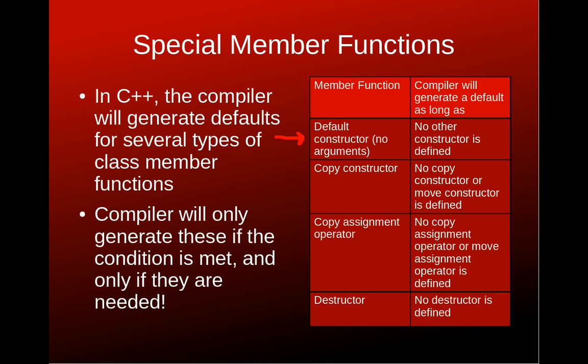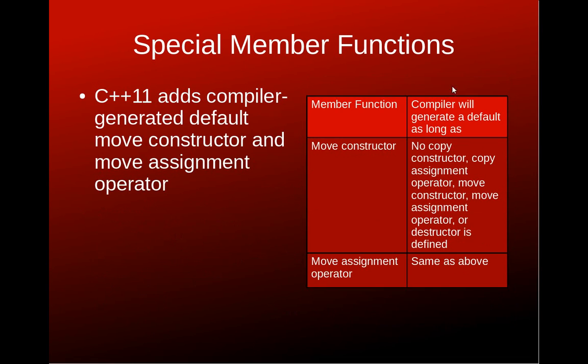In that same vein, we have some conditions for the copy constructor. The copy constructor will only be generated by the compiler if no copy constructor or move constructor is defined. And similarly, we have some conditions for the copy assignment operator and the destructor as well. So in C++11, of course, we have move constructors and move assignment operators thanks to move semantics, so the compiler will generate these too.